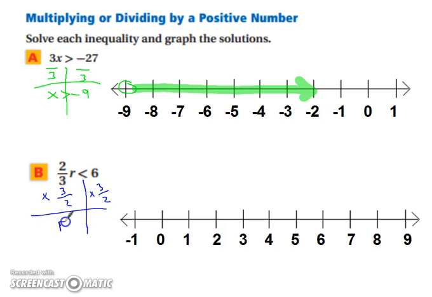And we have r is less than 6 times 3, and then divide that by 2, which gives you 9. So we have an open circle on 9. And all of the r values are less than 9, so you're going to shade to the left.